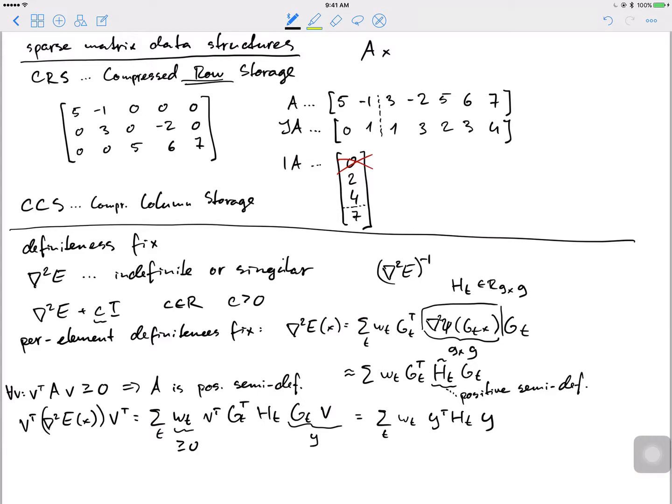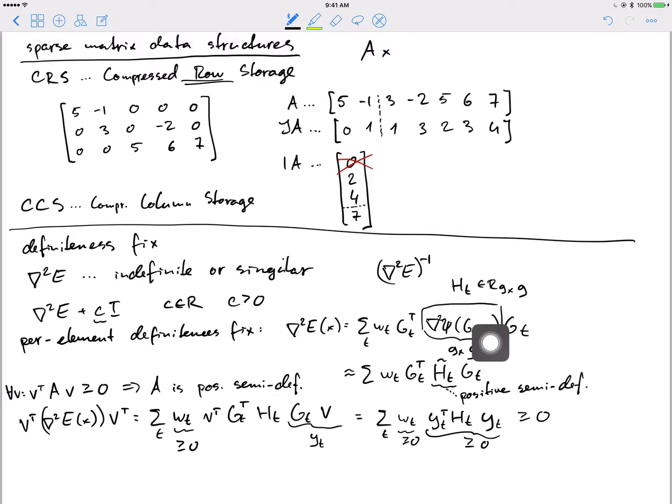Make sense? I could give it a subscript T to make it clear it still depends on each particular tetrahedron, right? Now, if HT is positive semi-definite, then this whole thing has to be greater or equal than 0. This is greater or equal than 0, well, then the sum has to be greater or equal than 0, right? So the whole thing is positive semi-definite.